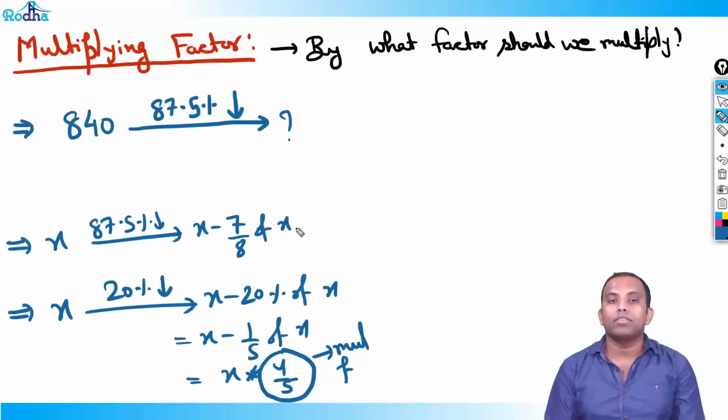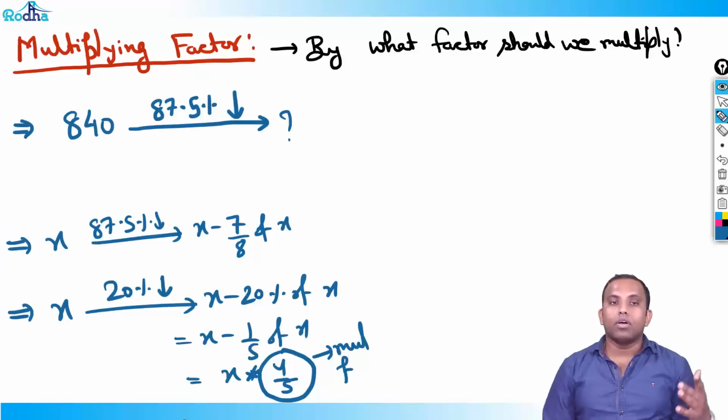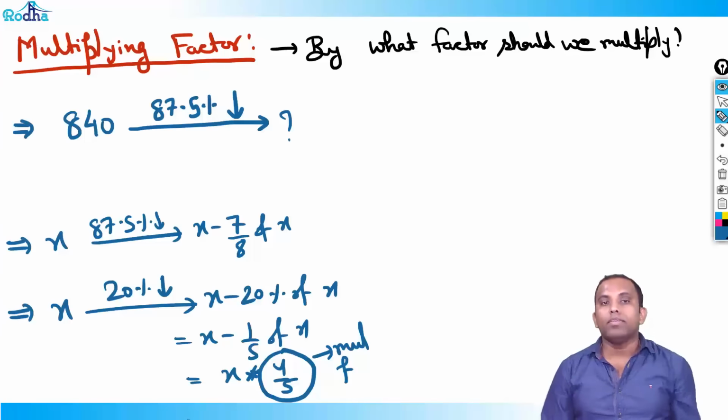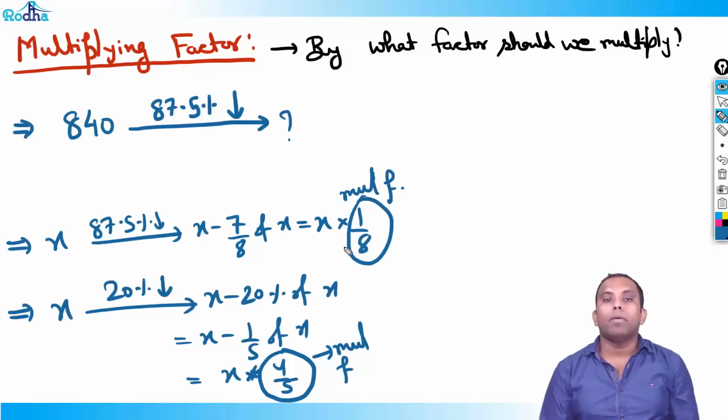From the last slide, 87.5% is 7 by 8, 12.5% is 1 by 8. So what is the result? The result is x into 1 by 8. This is my multiplying factor. By what factor should I multiply to get the result? So x being decreased by 87.5%, simply multiply by 1 by 8.